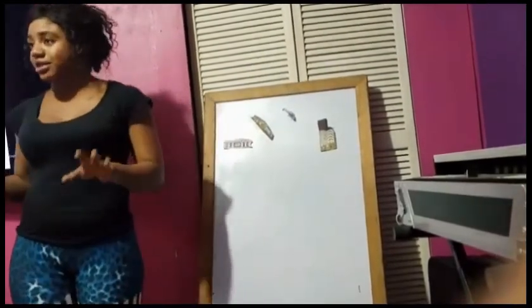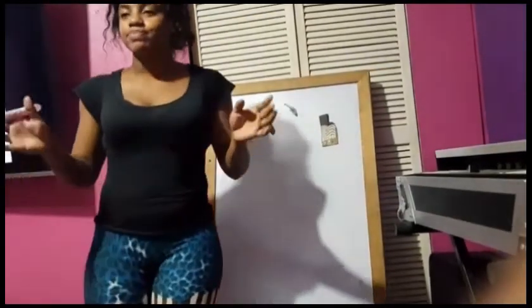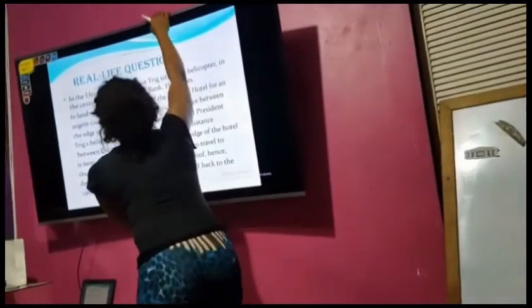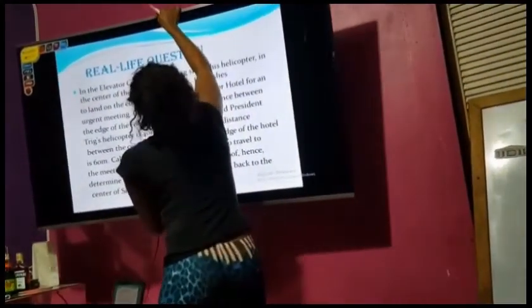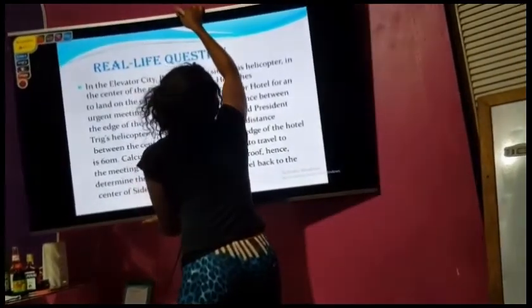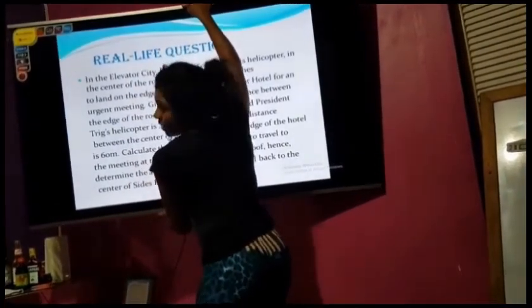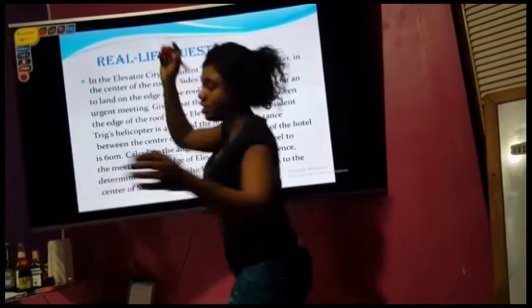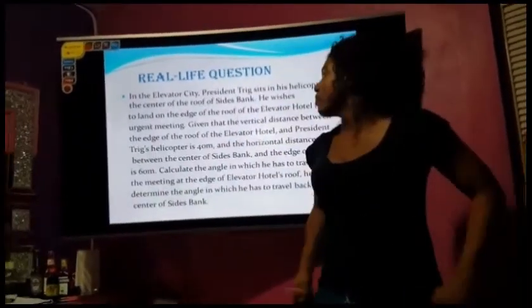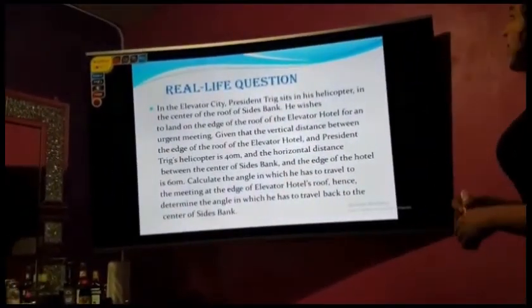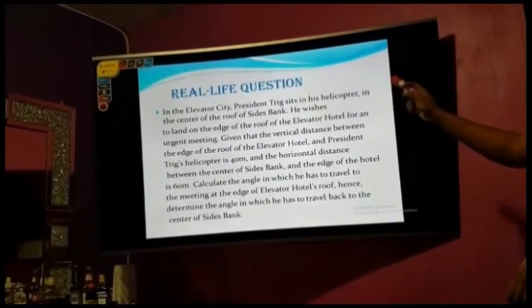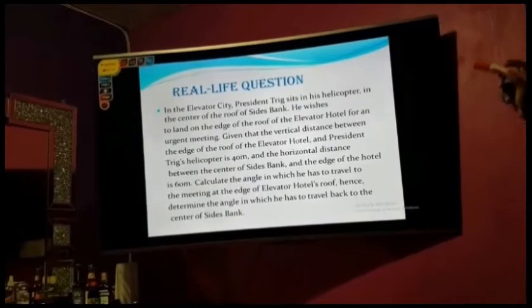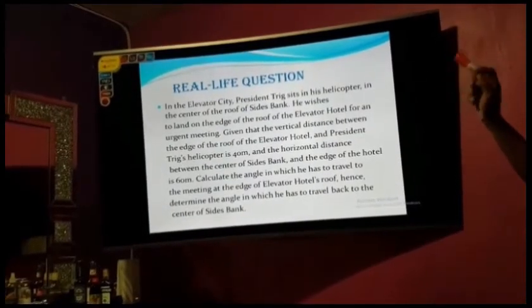Alright, class, you following the scenario? Everybody able to see the board? Alright, in the elevator city, as we mentioned, President Trigg sits in his helicopter in the center of the roof of Sides Bank.